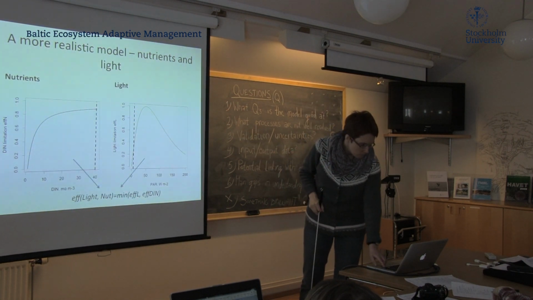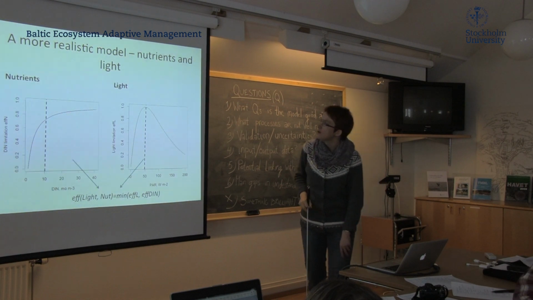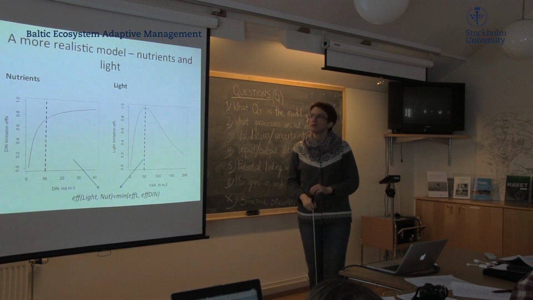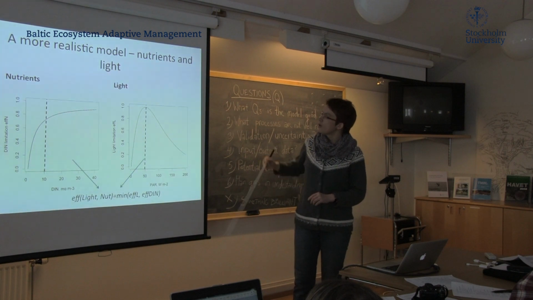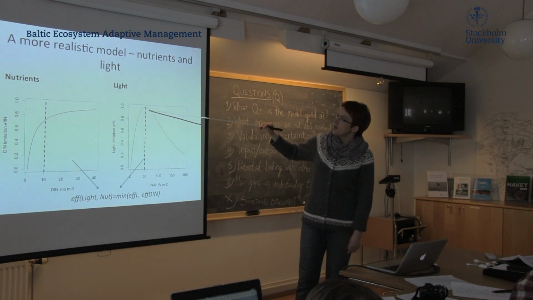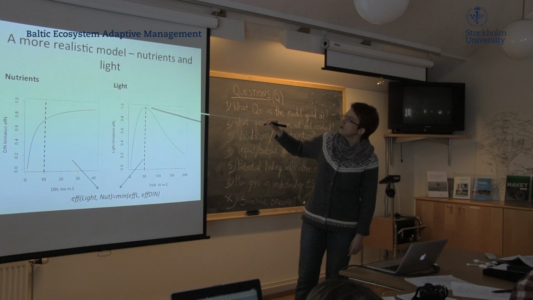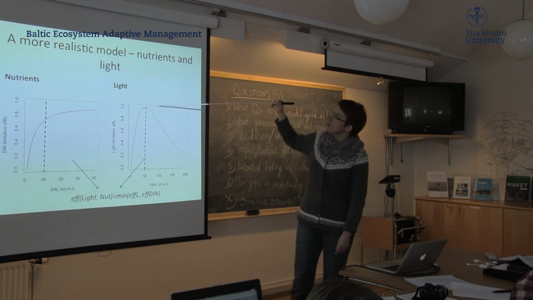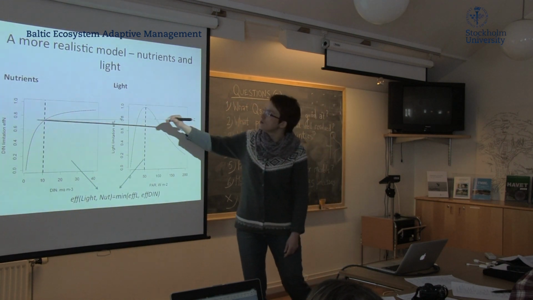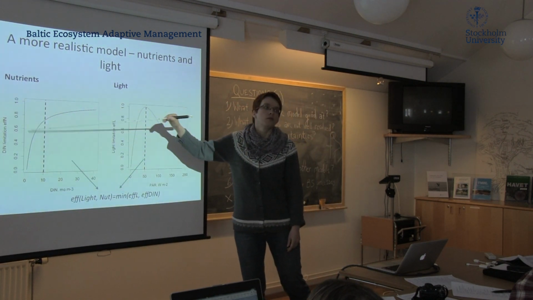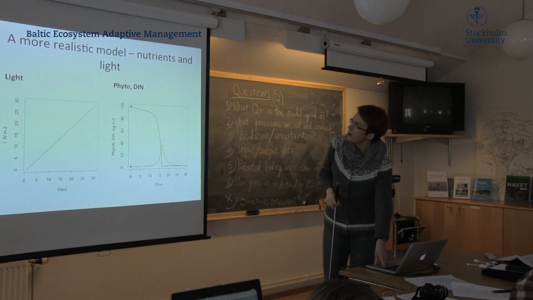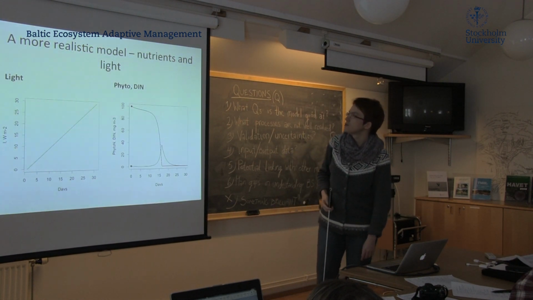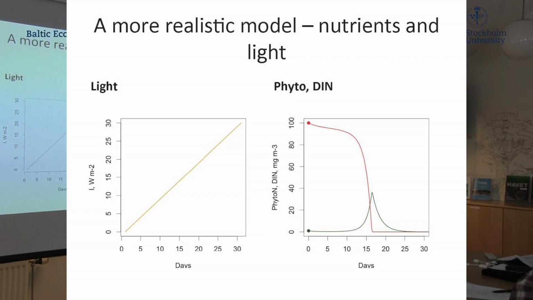and your phytoplankton will grow in the model according to your light limited rate. And for example, if you imagine it is becoming spring and finally there's more light, for the same nutrient content, you now have the light limitation gone, and now the nutrient concentration limits your growth rate. And if you combine that into a model, I've just simulated a spring situation, so there's a linear increase of light during the month.